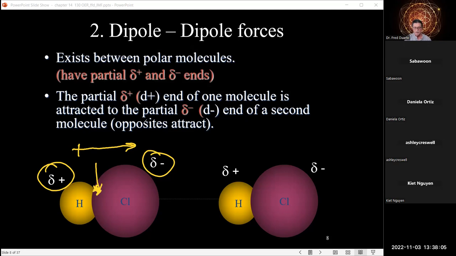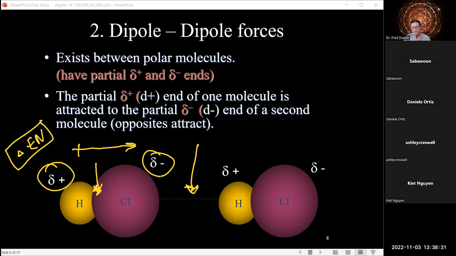This is because of the difference in electronegativity between the two elements. I should say the difference, not the delta. All right, that results in this interaction here, denoted by this dotted line, okay?